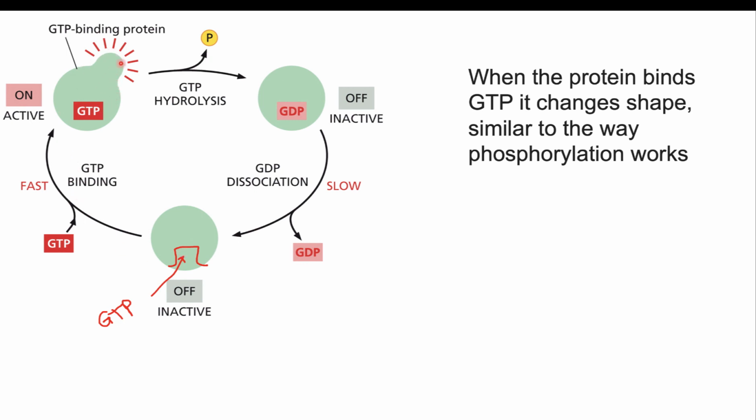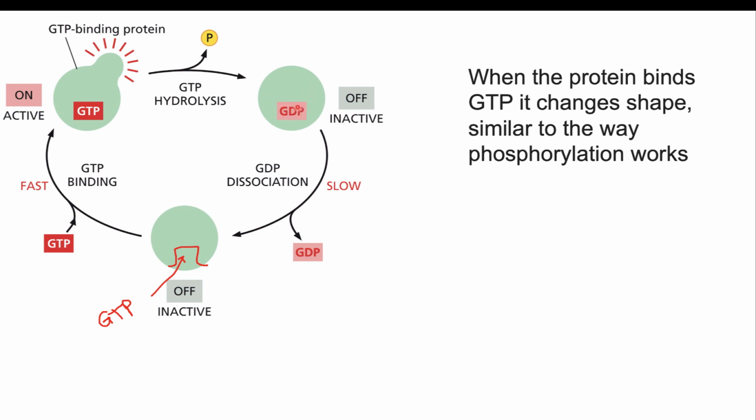We need to also be able to inactivate the GTP binding protein, and this happens through the process of GTP hydrolysis. We are losing a phosphate group, but the phosphate group is being removed from GTP, leaving behind the inorganic phosphate. The extra one is just released, and then the protein is still bound to guanosine diphosphate, GDP, and it's inactive in this GDP bound form.